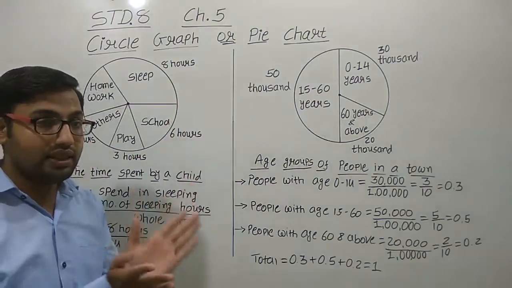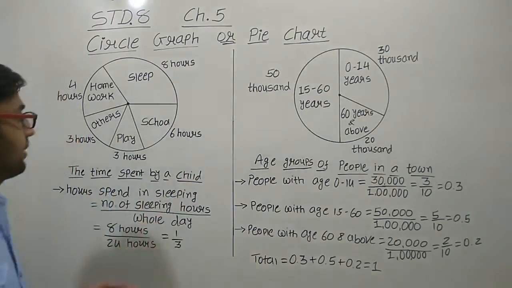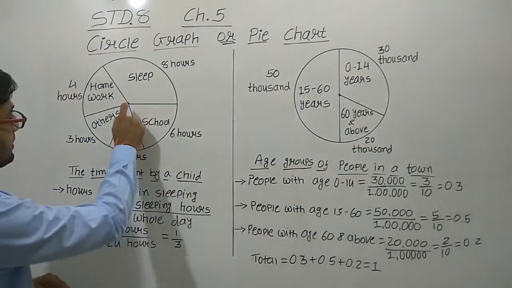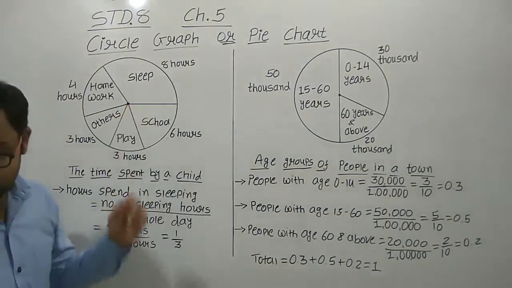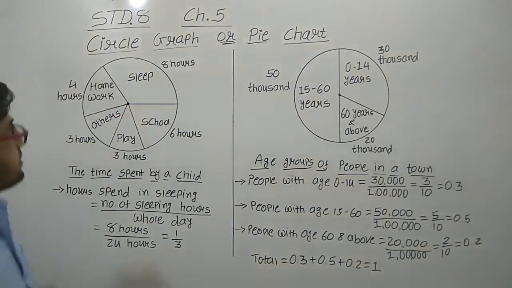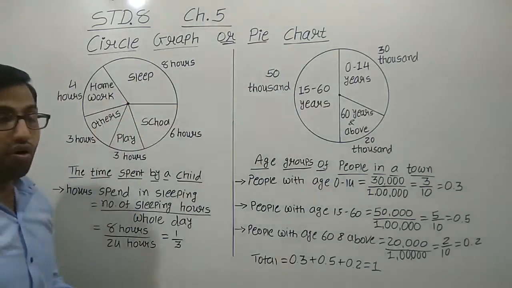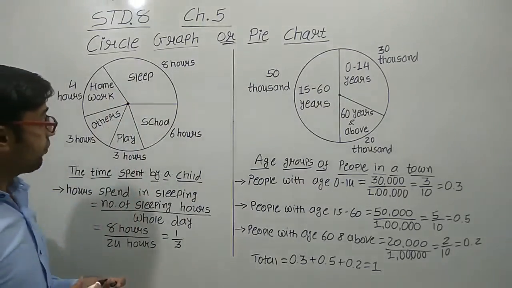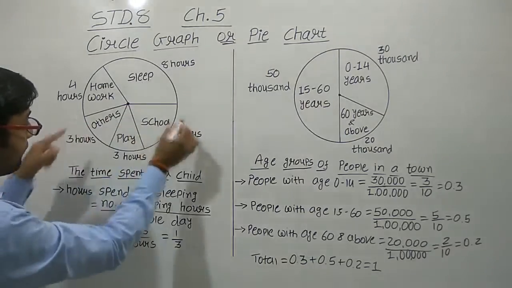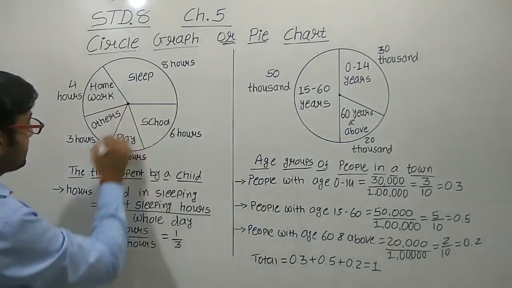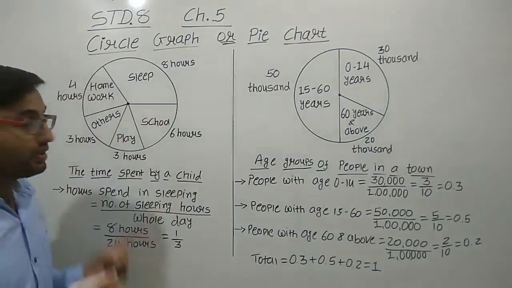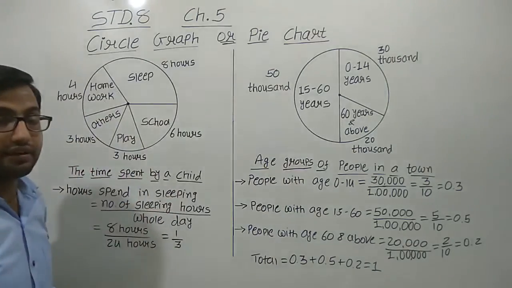Now how can we divide these 24 hours? See, this is the circle and this is the center of the circle, right? From here we have drawn different lines from the center.